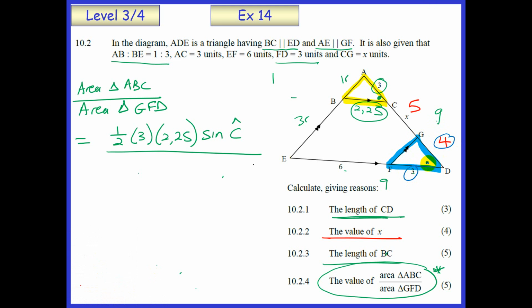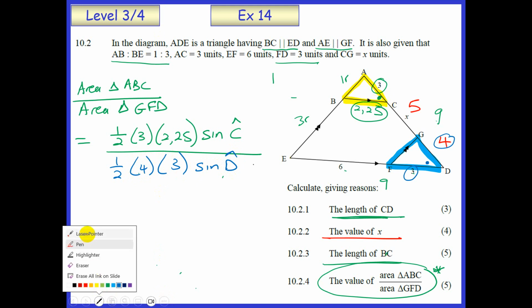So the angle we're going to use with the area rule is angle D. So the area of the blue triangle is half times 4 times 3 times sine of angle D. Now what is amazing in this question for you to note is that angle C is equal to angle D because of corresponding angles.